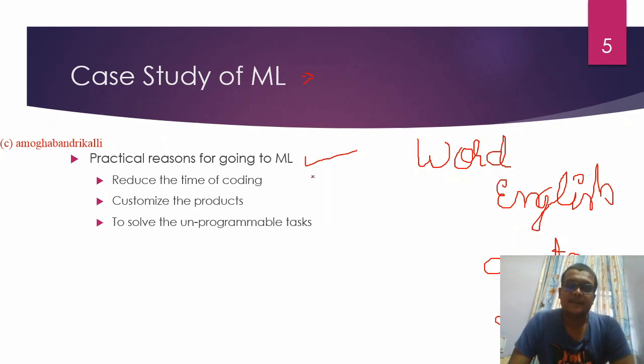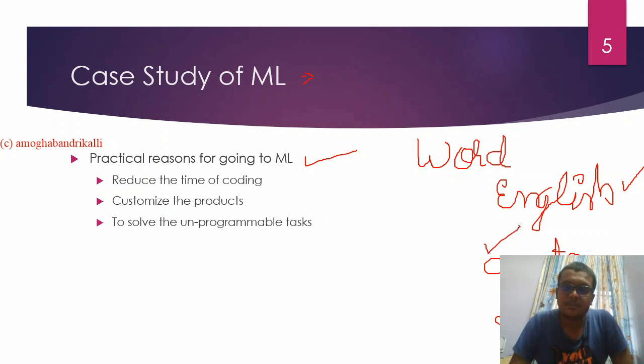One of the practical reasons why we are going for this is that we need to have these three practical reasons. My scenario is that we need to design an English correction software.